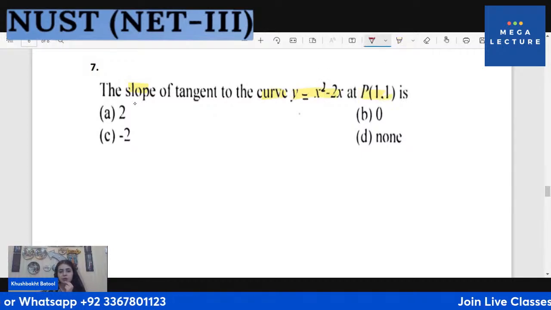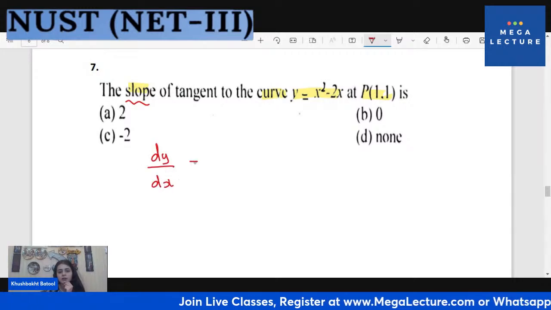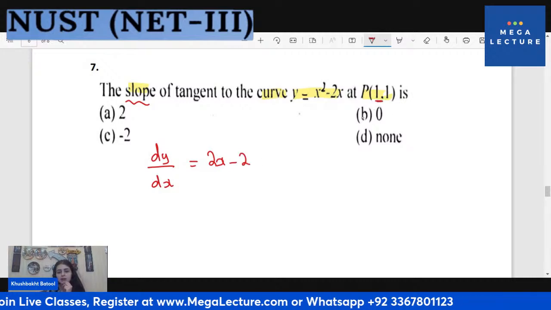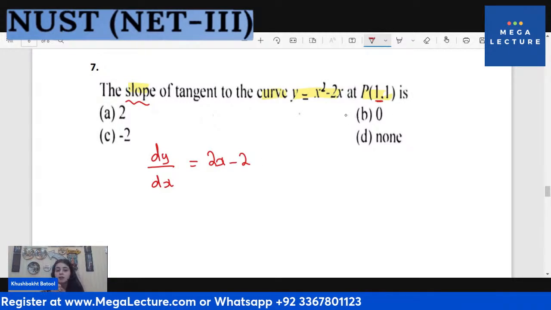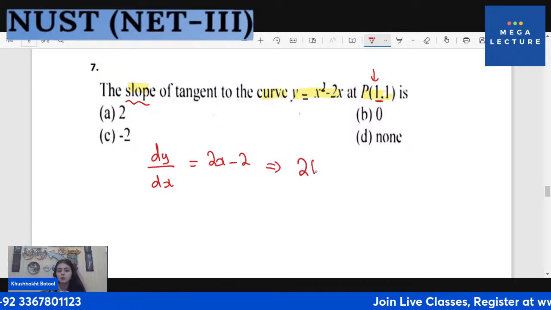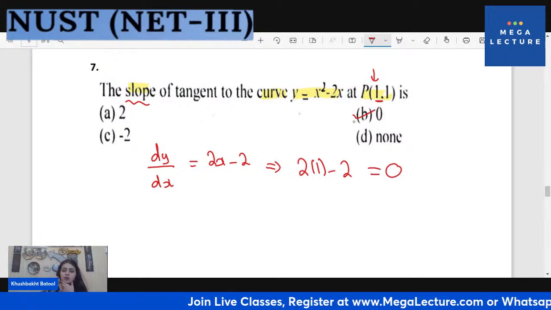So, in order to find the slope, what do we do? You need to differentiate it. dy by dx would be 2x minus 2. You need to plug in the x coordinate to find the derivative, the slope, the gradient at this point specifically. So it would give you 2 minus 2. The answer is going to be 0. So it would be B.